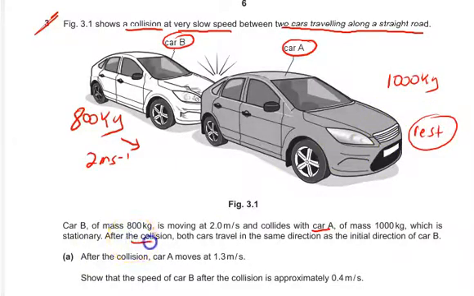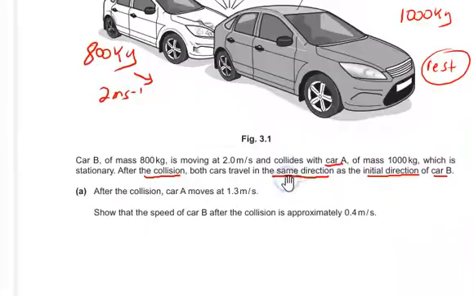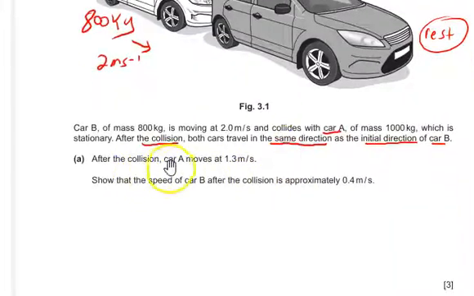After the collision, both cars travel in the same direction as the initial direction of B. So this is inelastic momentum. After the collision, the car moves at 1.3 meter per second.